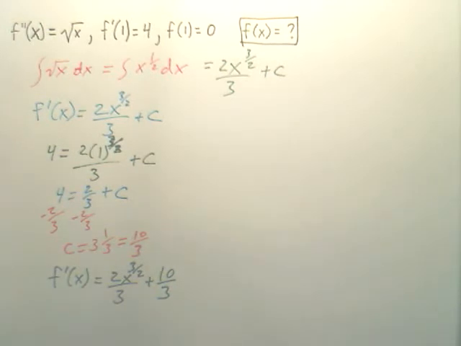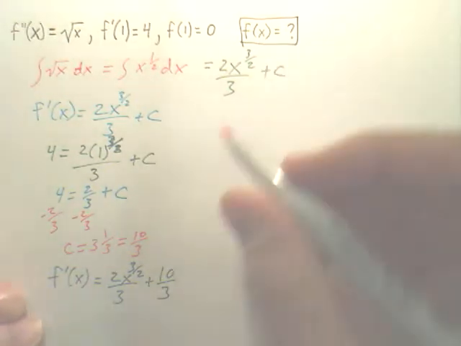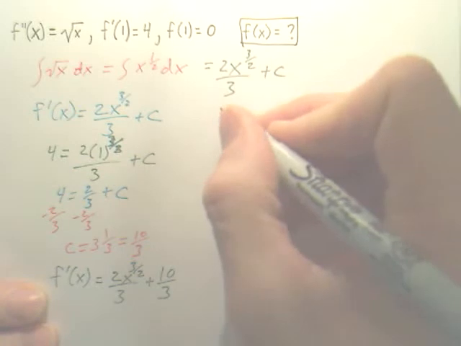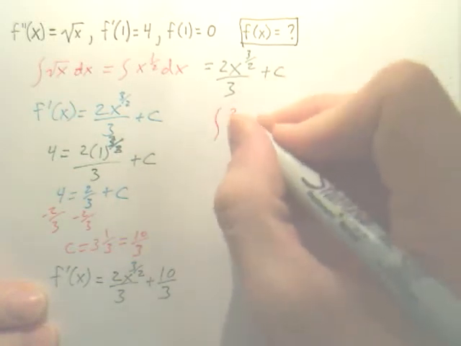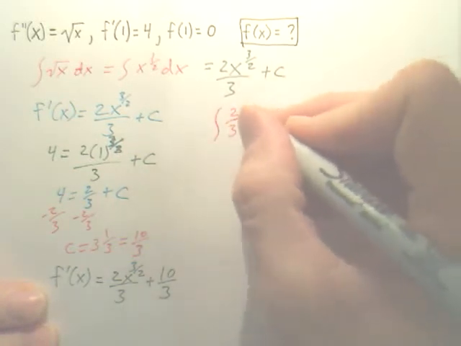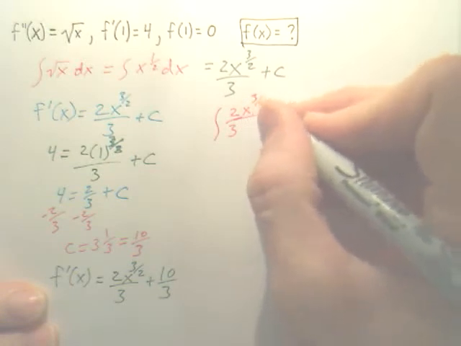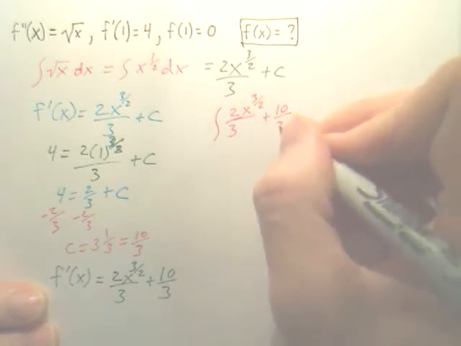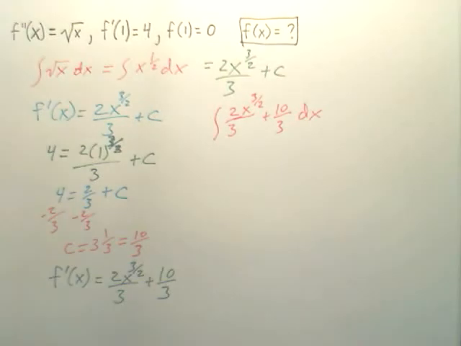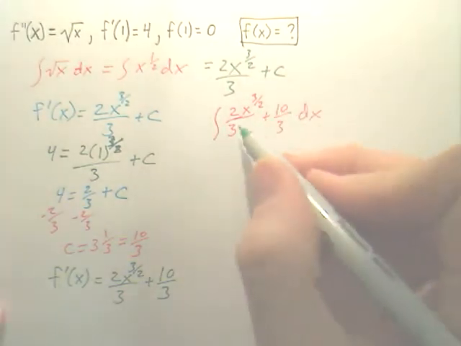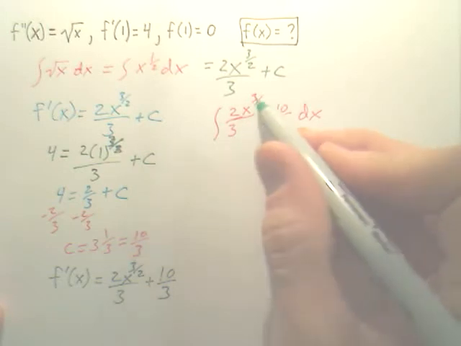Okay, is that what we're asking for? No, we're asking to go one step back. We now want to go one more back, and we want to go to f of x. So to get that, we're going to integrate. So we're now going to integrate this. To integrate this piece, we add 1 to the exponent.